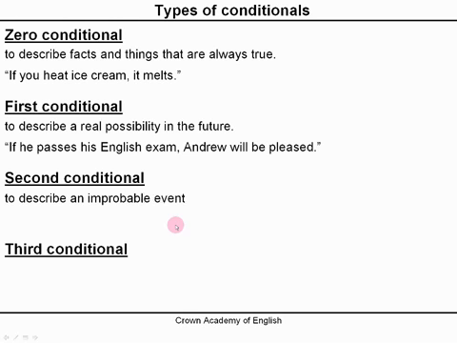And the second conditional, this describes an improbable event in the future. So improbable event means an event that is not very likely to happen.